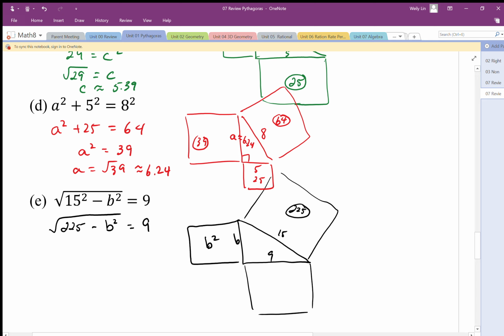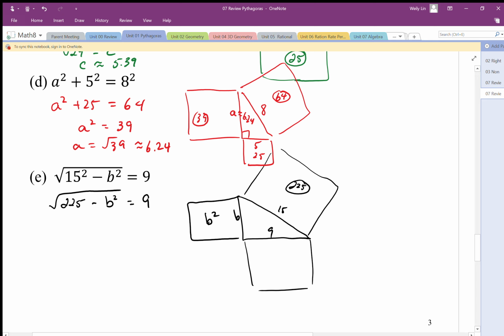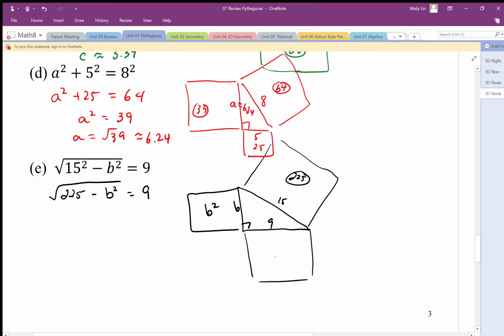I'll just leave it like this for now. That's length B. If I want to find out the length of B, I need to use the area here. So I need this area of 81. To get that algebraically, I can square both sides, so I get 81 here.